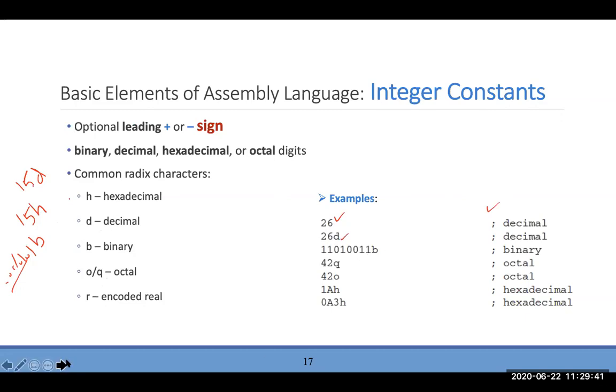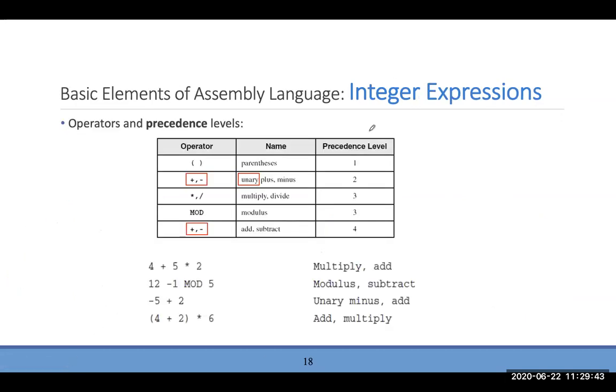So I already talked about this part. And these are very important. So the precedence, okay? The precedence right here, the priority: the highest priority is for parentheses. And then you're going to have unary. So when you say plus 5 or minus 9, this is a unary operator. So this has a priority higher than the binary because that is a binary operator.